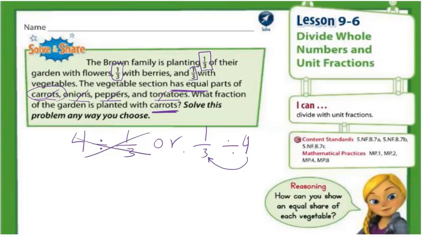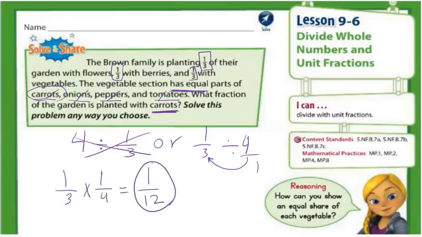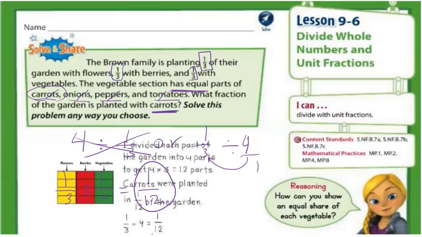It can be applied with KCF and you will see. Keep the first as it is, a third, change the sign to multiplication, and an invisible 1 here not written, flip the fraction to 1 over 4, so it will be 1 over 12. This is the fraction of the garden planted with carrots. It equals 1 over 12. As you see in front of you, it is a correct answer.